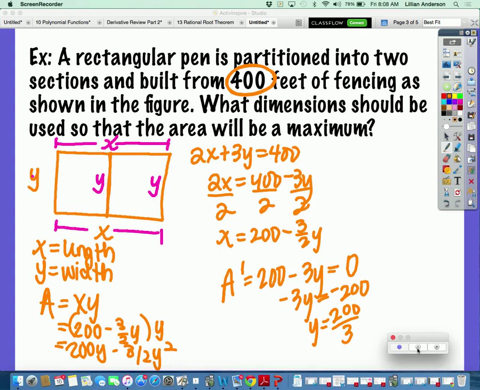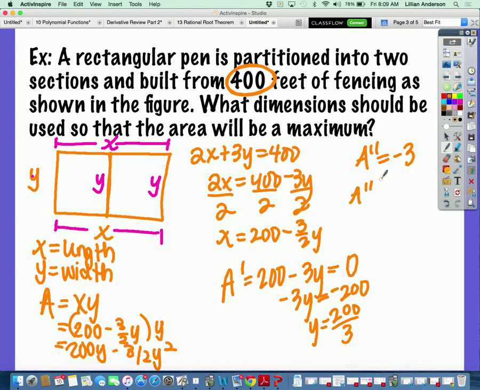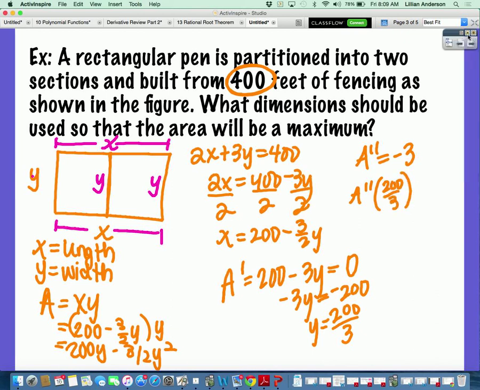If you recall, with the second derivative test, when you take the second derivative, in this case it's going to be -3, and then you plug in the value that you get. Depending on whatever number that is, if it's less than 0, it's a maximum. If it's greater than 0, it's a minimum.